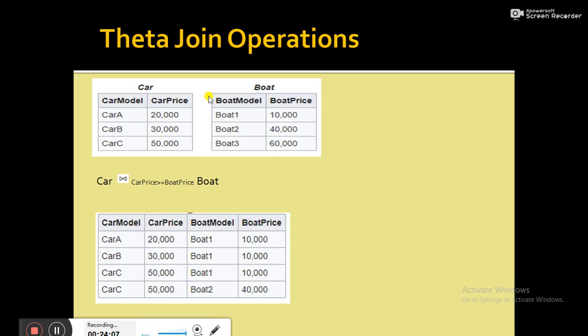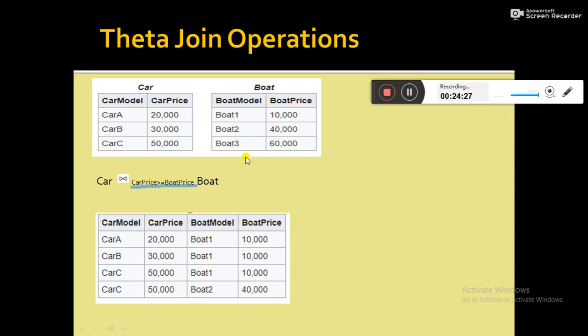Take an example of the theta join operation. Car is a relation with car model and car price attributes. Boat is another relation with boat model and boat price attributes, and these are the tuples. If we do car theta join boat, then what happens? We get a relation.